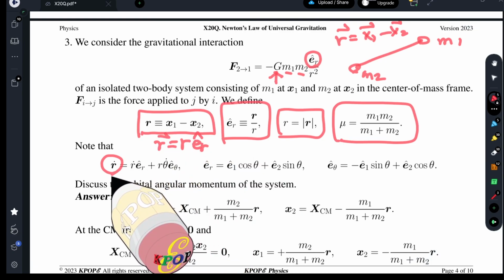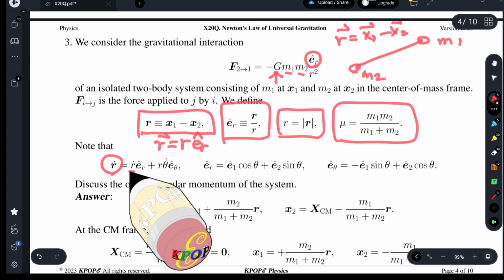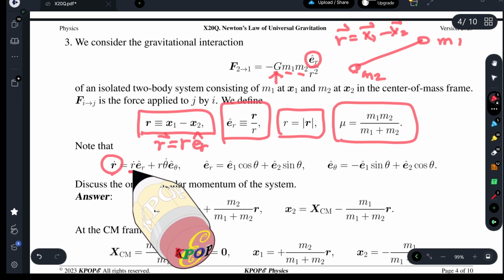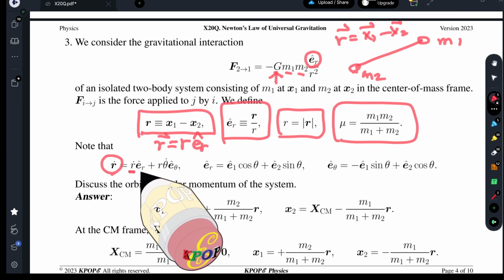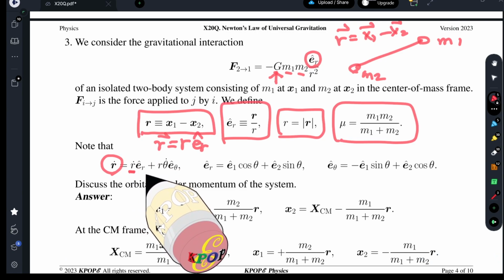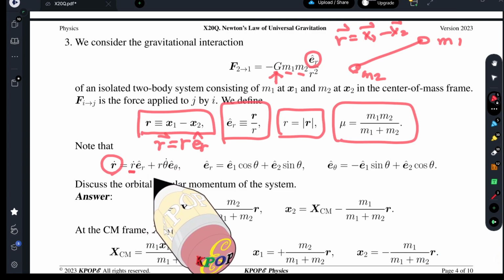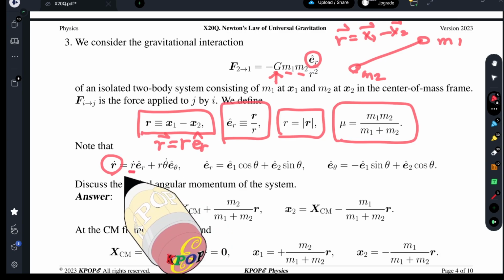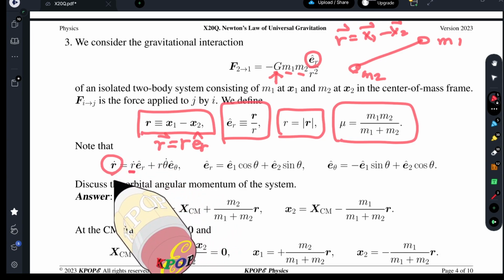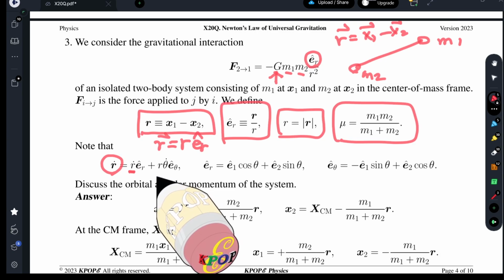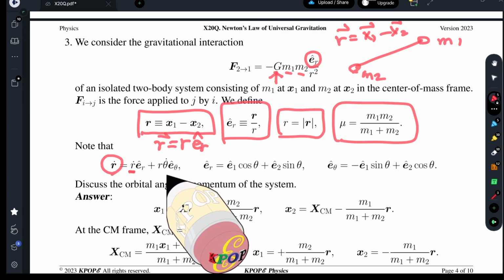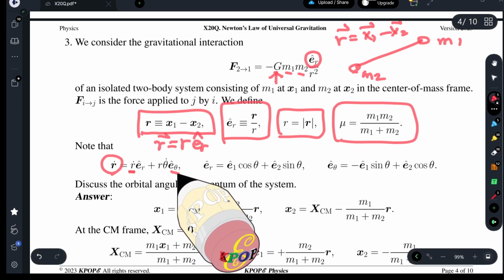If I take the time derivative to find the velocity of the relative coordinate vector, I have a radial velocity multiplied by the unit vector along the radial direction. And in two dimensions, the differential of the displacement also has a component that is perpendicular to the radial direction. That is the tangential direction.